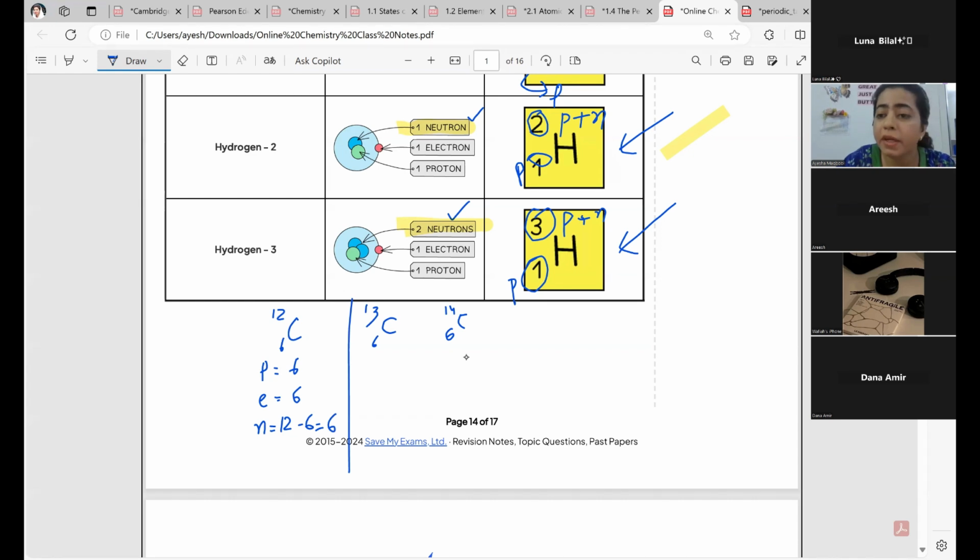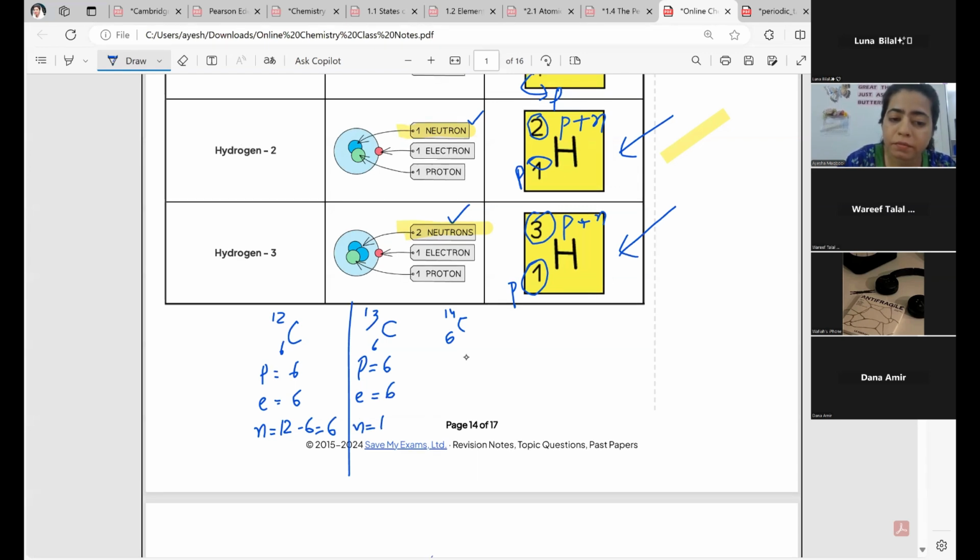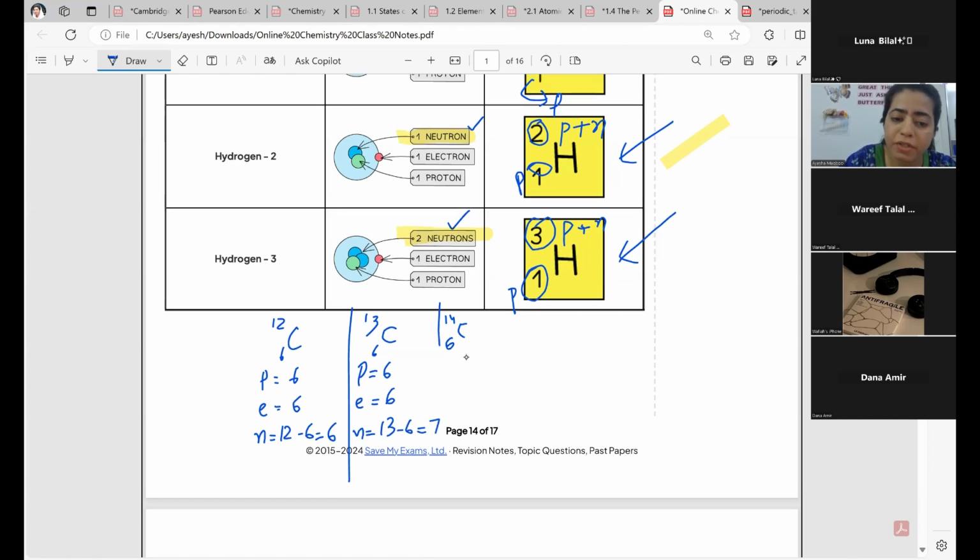Take carbon 6, 13 now. How many protons? 6. Electrons? 6. Neutrons? 13 minus 6, 7 neutrons. So the neutron number is different here.